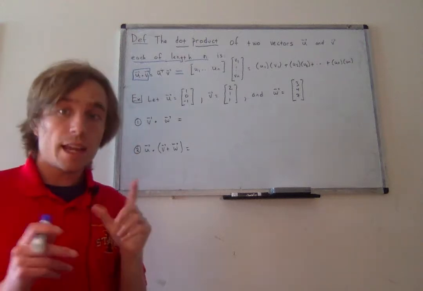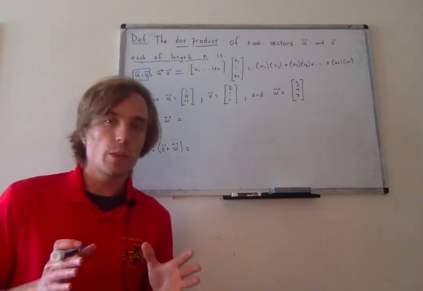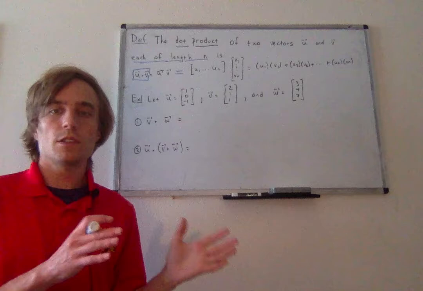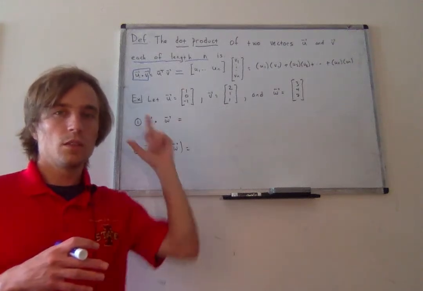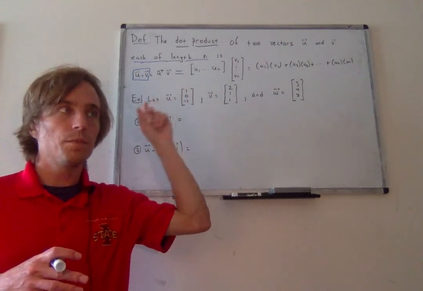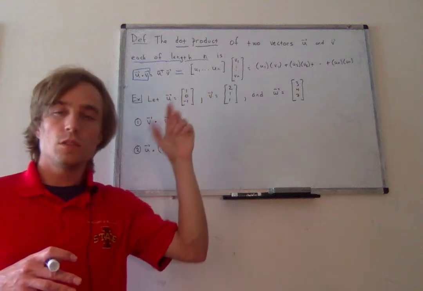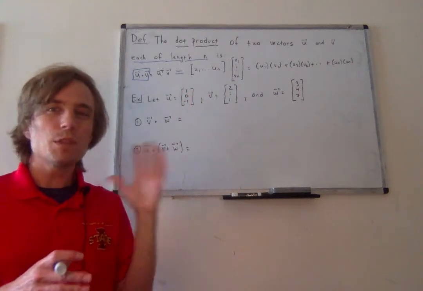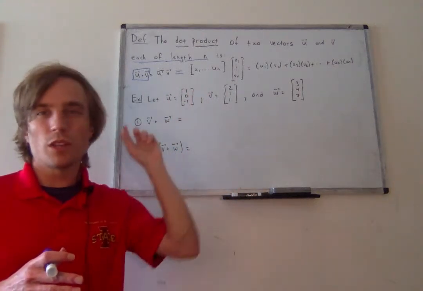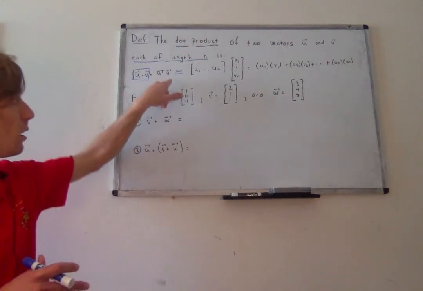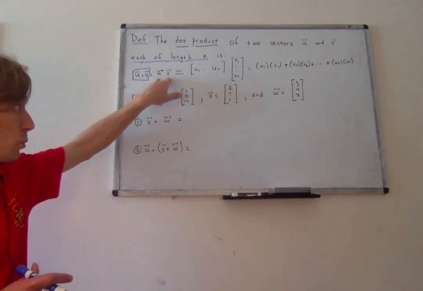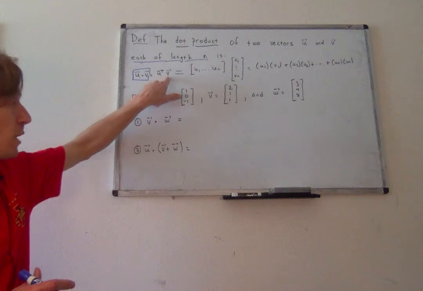This is technically, and you'll rarely think about it this way, but we define it this way because eventually we'll want to call this definition again later on in proofs. So keep this definition in your mind, but know that I never think about it this way. It's technically the matrix multiplication of u transpose and v.